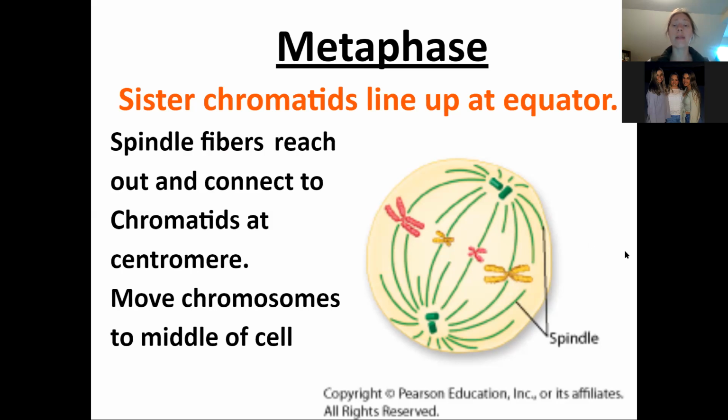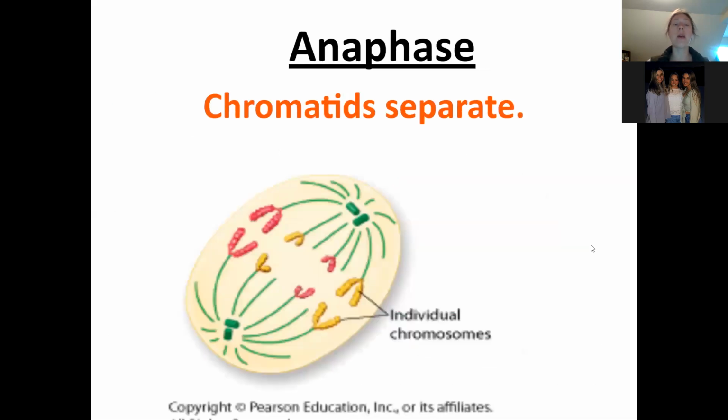And then in the next step, in anaphase, they're actually going to go ahead and pull and separate that sister chromatid pair into individual chromosomes or chromatids. And I know that it can get really confusing that there can be more than one correct name for the same thing in science, and I'm sorry about that. I don't make the rules.